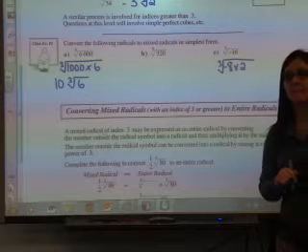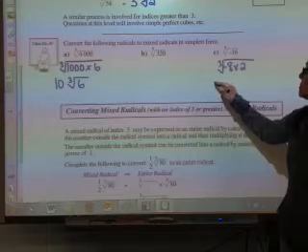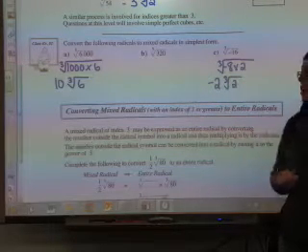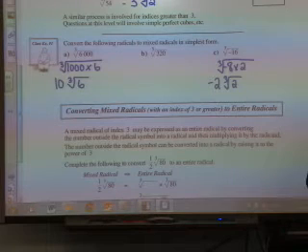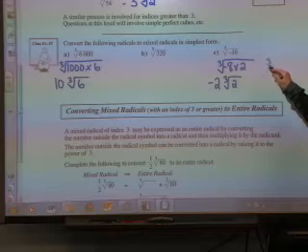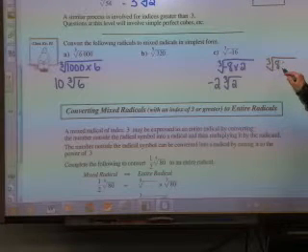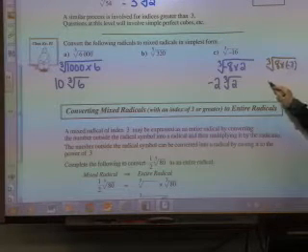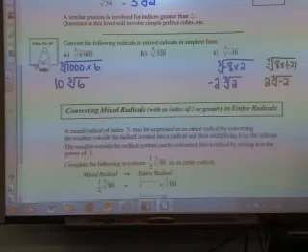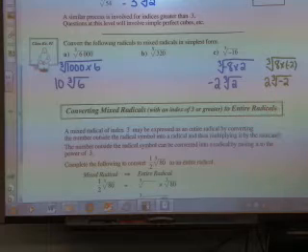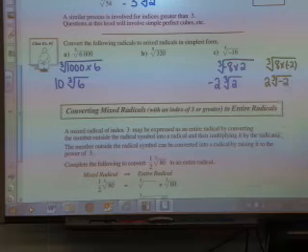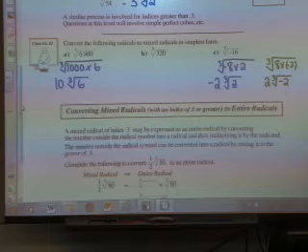What would it be? Negative 2. So I could have this as being negative 2 times the cubed root of 2, or I could have had 8 times negative 2, in which this would have been 2 times the cubed root of negative 2. Either answer would be acceptable, although generally if we can pull the negative from outside the radical sign, we would.